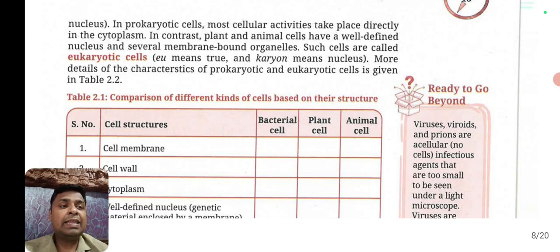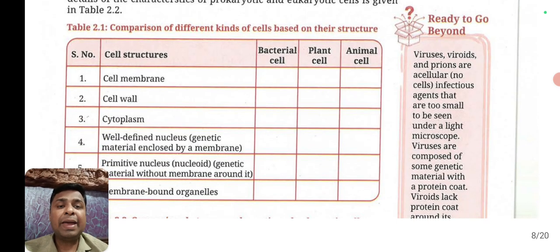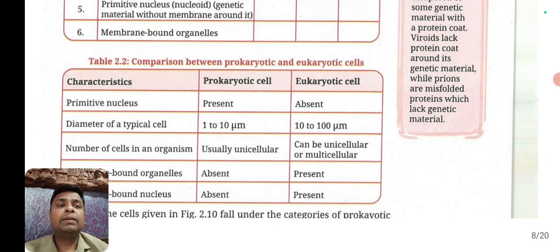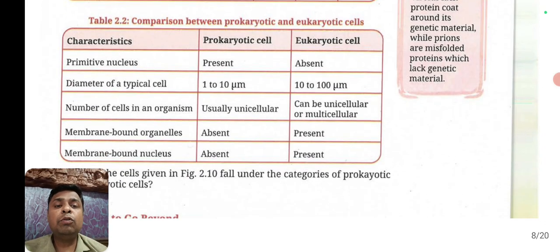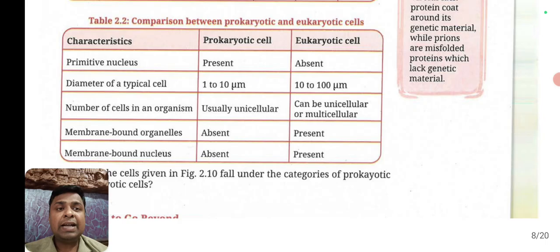So more details are there. You can just compare the cells and you can fill this table. In a bacterial cell, cell wall is there, cell membrane is there, cytoplasm is there. Same way you can study it for plant cell and animal cell. Now you can see that the primitive nucleus is present in prokaryotic cells, and absent in eukaryotic cells. Diameter is around 1 to 10 micrometer.